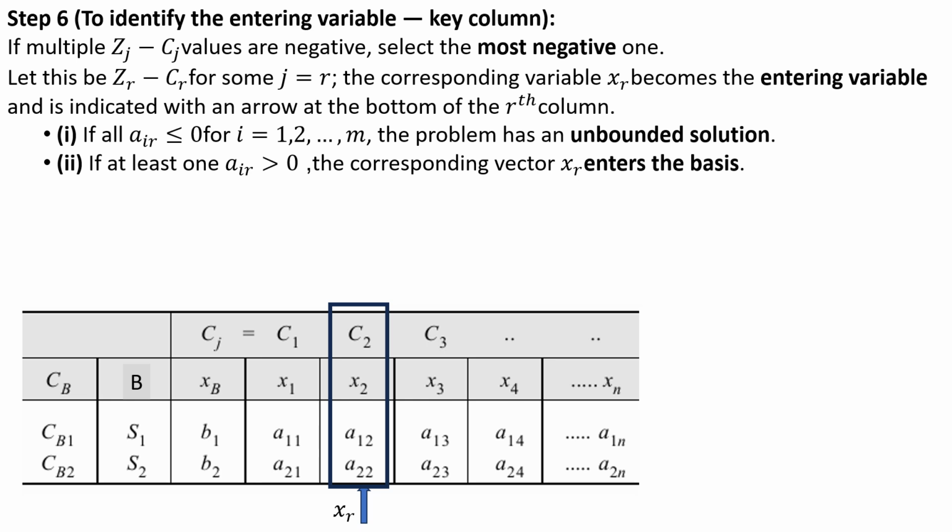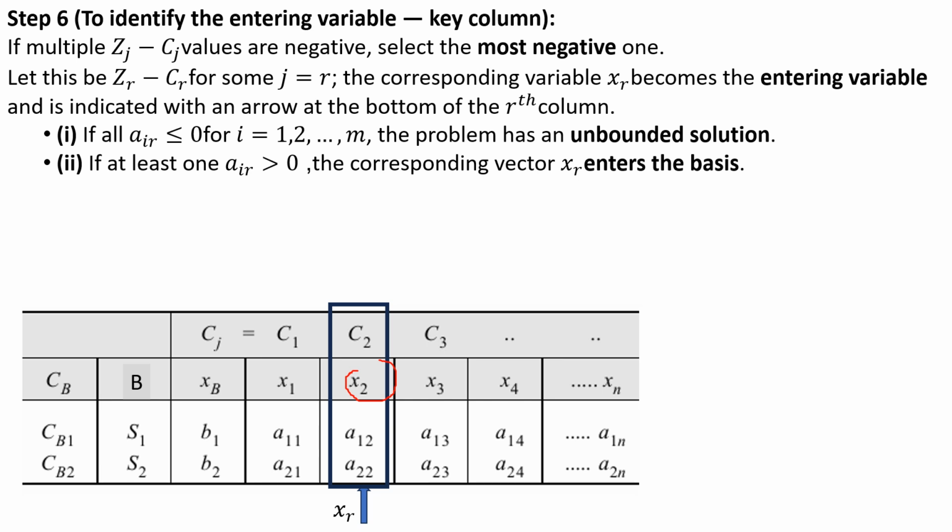In this step we have to identify the entering variable in the basis, that is the key column. The key column is identified by observing the Zj minus Cj values. Here we have to select the negative Zj minus Cj value, and its column is the key column, and the corresponding variable is entering into the basis.